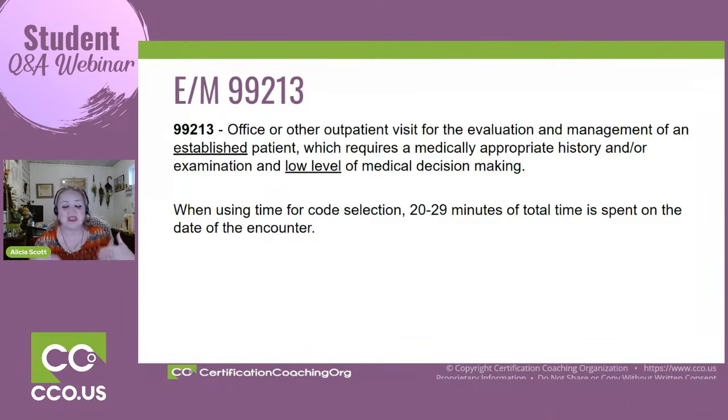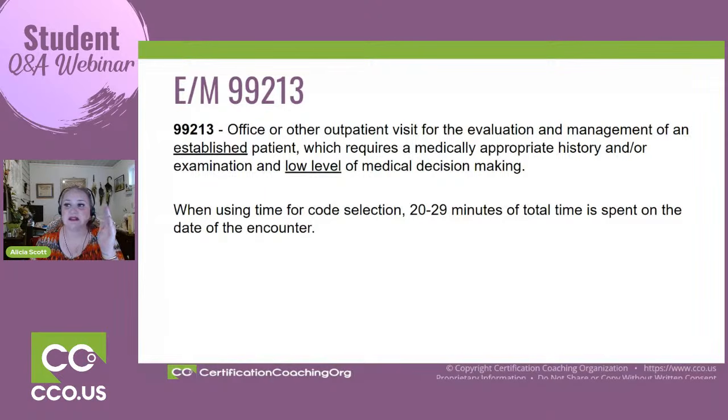So don't think that that's a crutch, where we'll just use time and then I won't have to think about what's low and so on. Can't do that. That's different. So again, low medical decision making. Now that is not the lowest, because straightforward is lower. 99212 is straightforward. So low is the next step up, right?